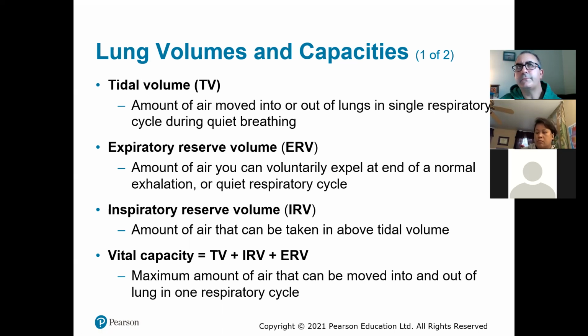Doctors, they want to know that. They want to know that you can get a certain amount of air in, but that's not as important as tidal volume. What's more important is when you're just walking around breathing normally, you're getting enough air into and out, right? You don't have to take these big, deep breaths in. So tidal volume is your normal breathing. Vital capacity is kind of, I think of it as the opposite of that. It's how much you can inhale and exhale in one breath.